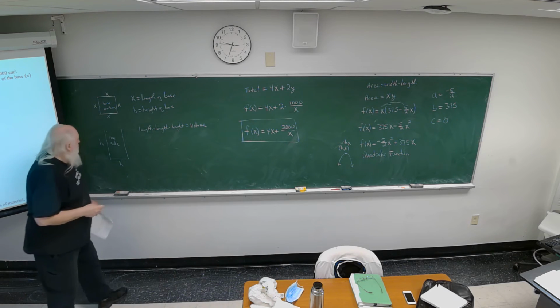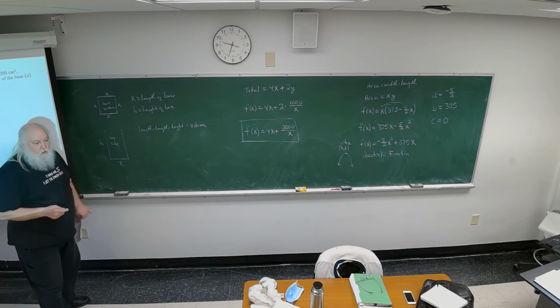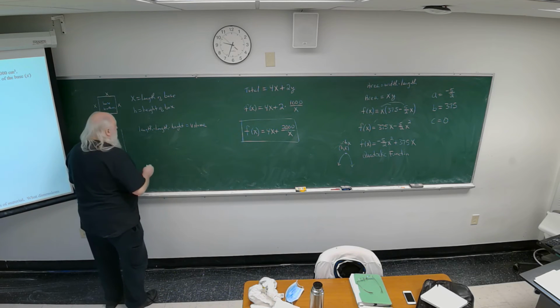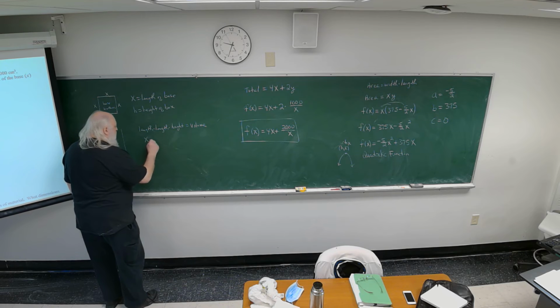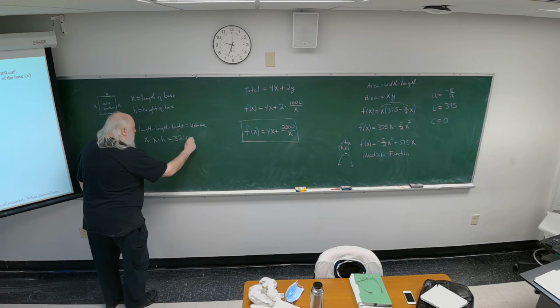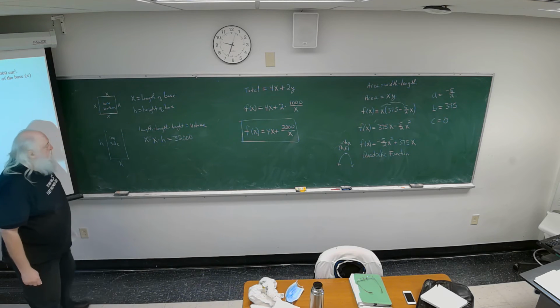Okay? Because the base is square. Okay? And so the length, right, x times x times h is equal to the volume fixed at 32,000.